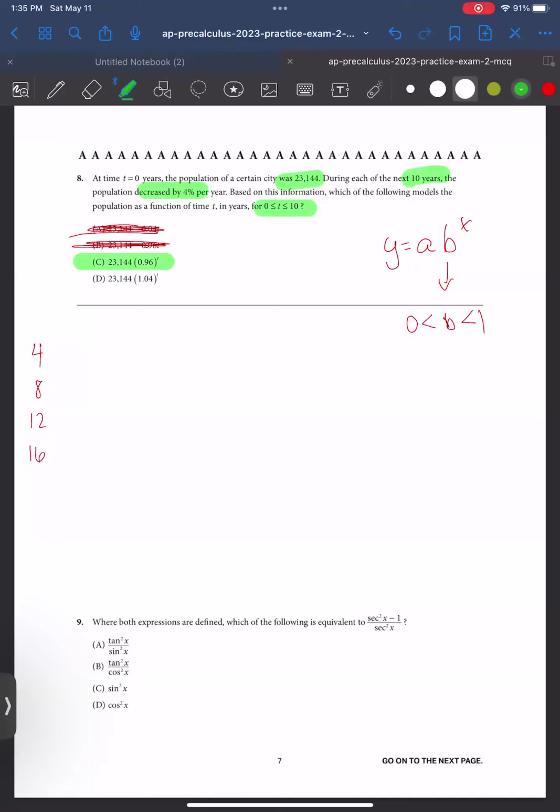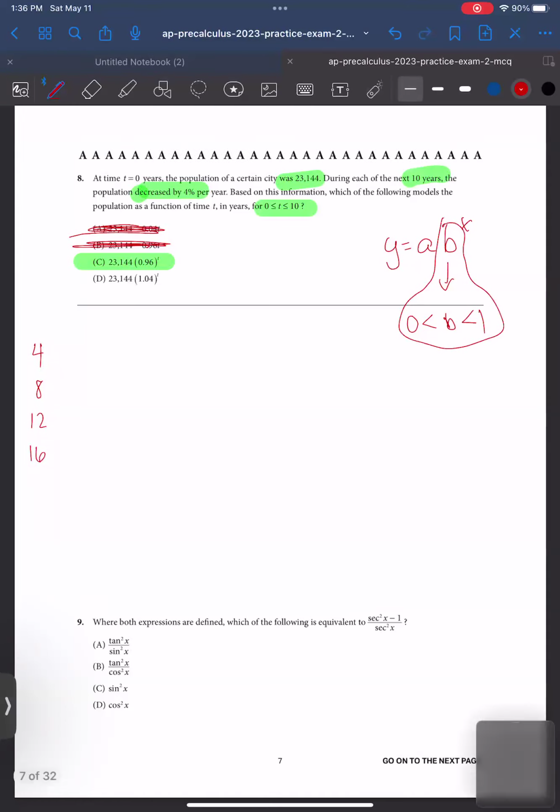So exponential decay, right? I know it's decay because it says they decreased, and I know it's exponential because it's population growth. So for a decay function, my b value needs to be a decimal or a fraction, right?